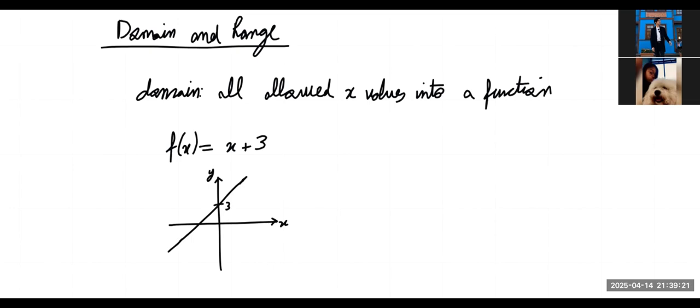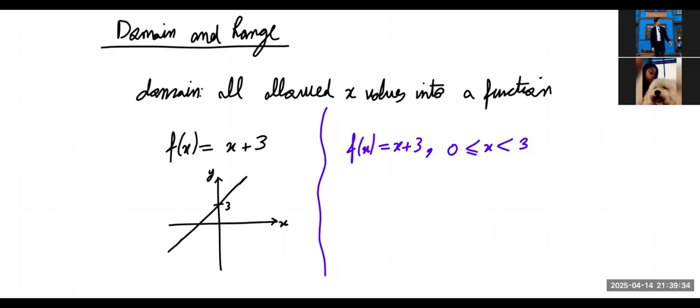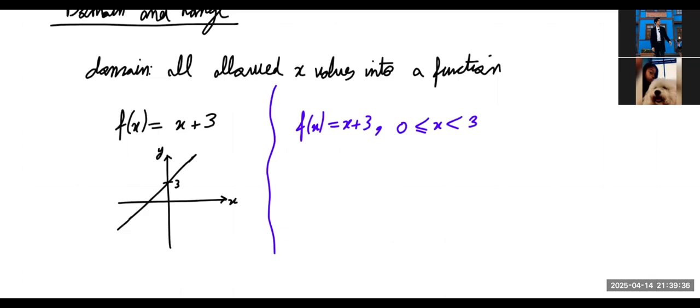However, what if I make the same function, but this time I specify that I only want x to be between 0 and 3. This time, the function is going to look a little bit different.